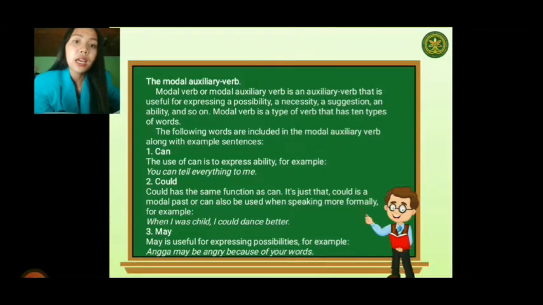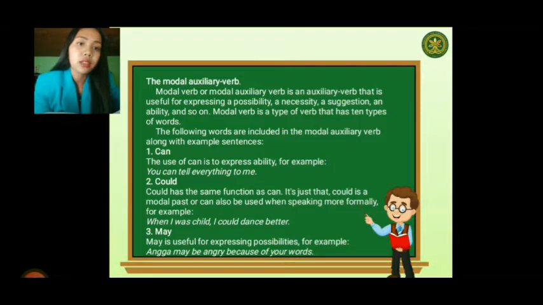1. Can. The usage for can is to express ability. For example, you can tell everything to me. 2. Could. Could has the same function as can.